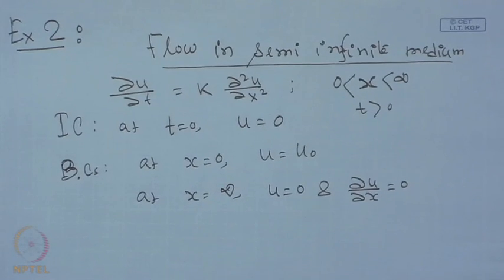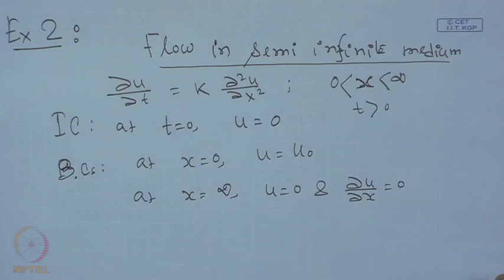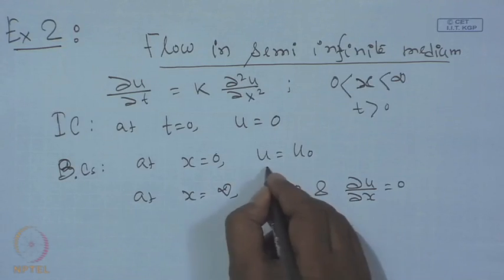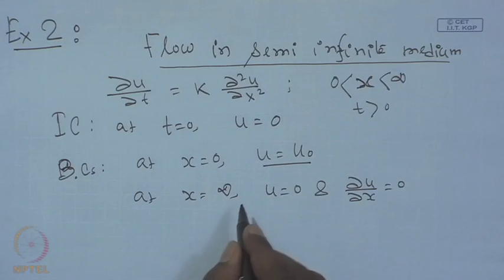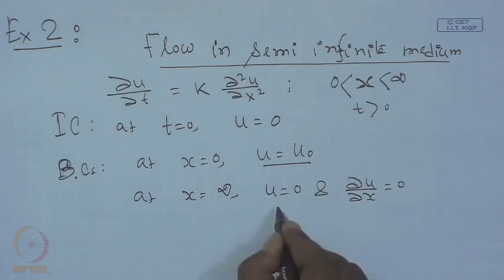Now, since we have the Dirichlet boundary condition at x is equal to 0, that is u is equal to u naught, we should take a Fourier sine transformation of this equation. The boundary condition at x equal to infinity indicates that we have a finite solution even at infinite domain, and at x is equal to 0, u is equal to u naught.